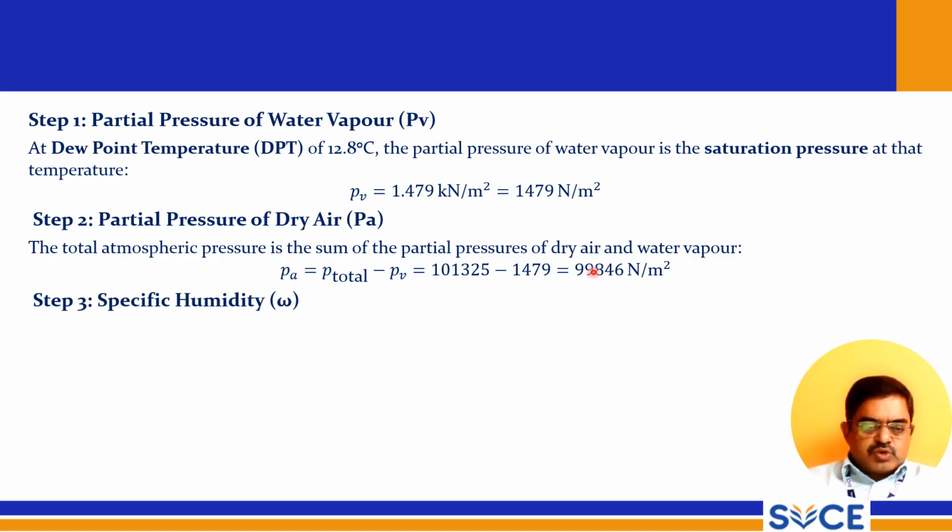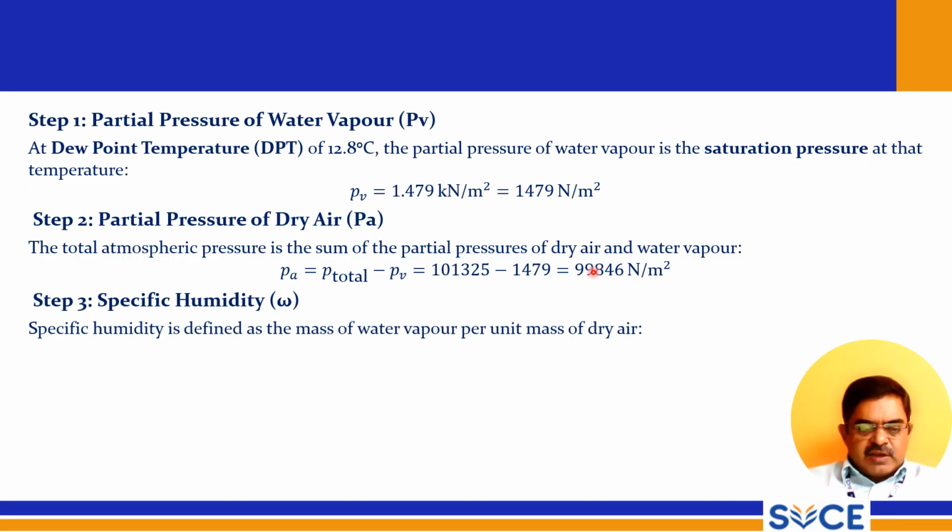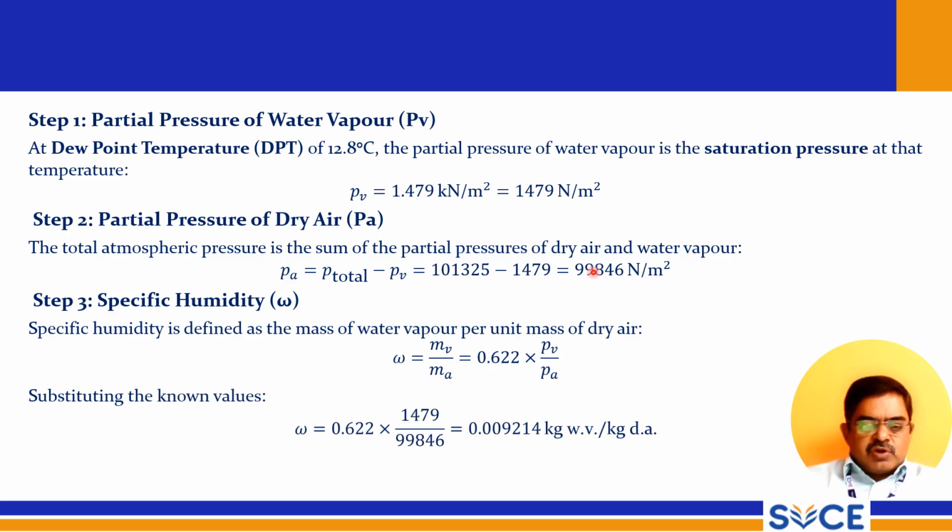Next is specific humidity, we have to find omega. Specific humidity is defined as the mass of water vapor per unit mass of dry air. So here mv by ma, that is 0.622 into Pv by Pa. Substituting these values, we get 0.009214 kg of water vapor per kg of dry air. So this is the specific humidity, that is omega.